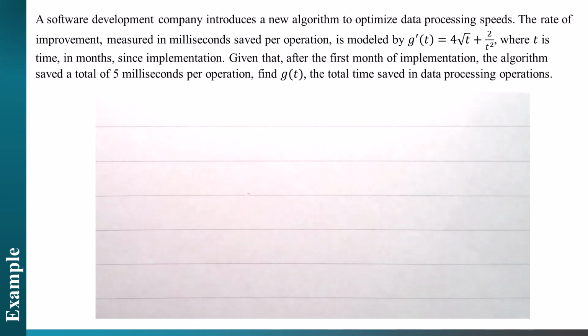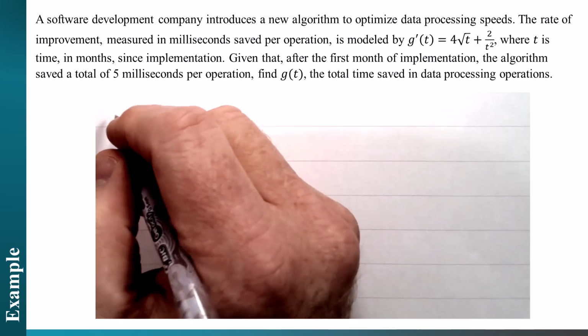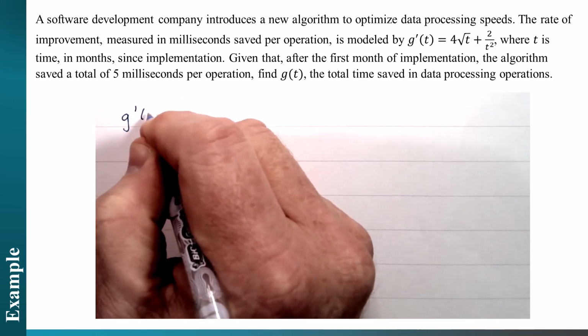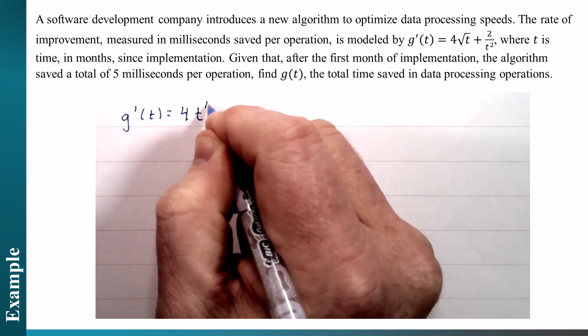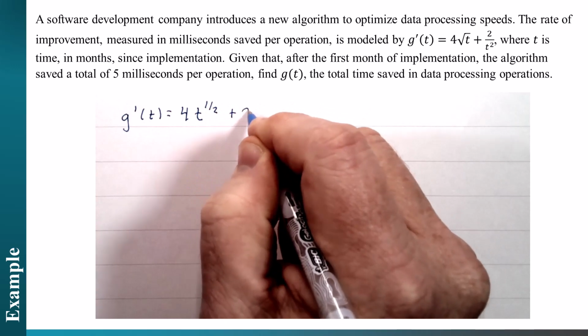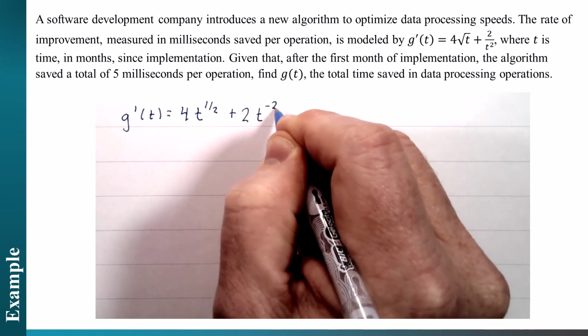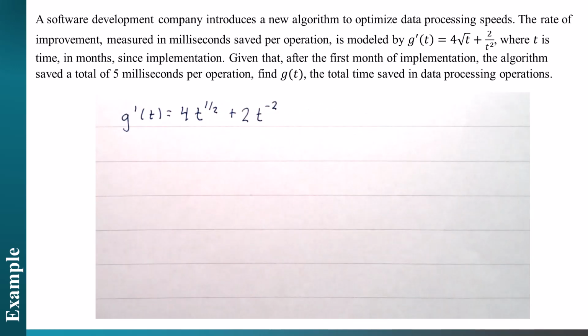So in this problem, I'm given g prime of t equals 4 times the square root of t plus 2 over t squared. The first thing I'm going to do is just rewrite that. I'm going to write that as g prime of t equals 4 times t to the 1/2 plus 2 times t to the negative 2. And I'm just doing that so that I can use my antidifferentiation rules.